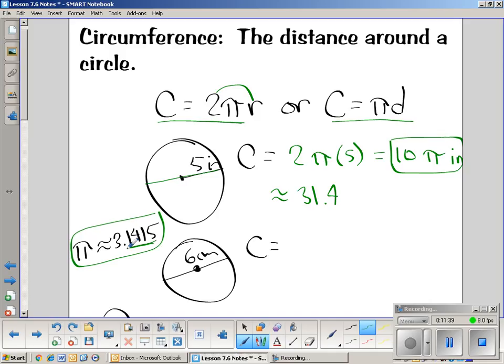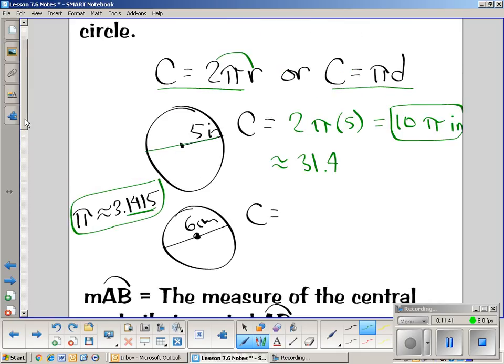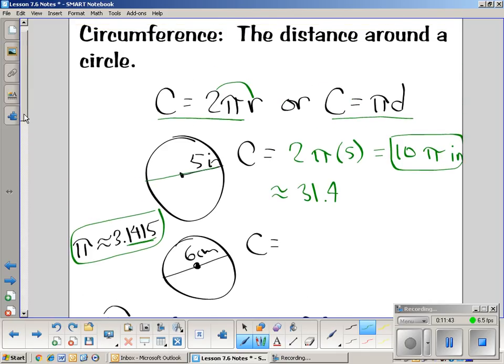All right? So on the next one, they give me 6 meters, which represents what? The diameter. And probably it'd be easier to use the formula for diameter. And pi times the diameter, which is 6. Again, in terms of pi, it would be 6 pi centimeters. And if they say to round, then I'd plug that in my calculator. Help me out here.